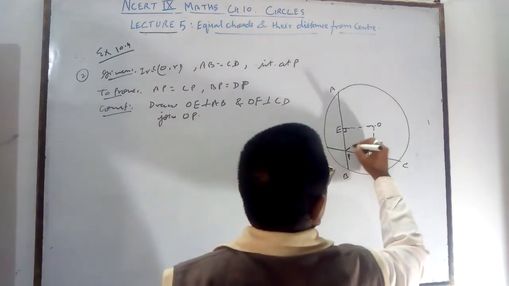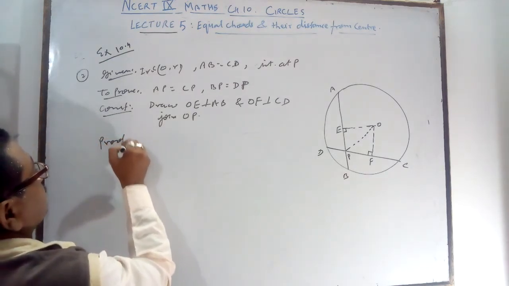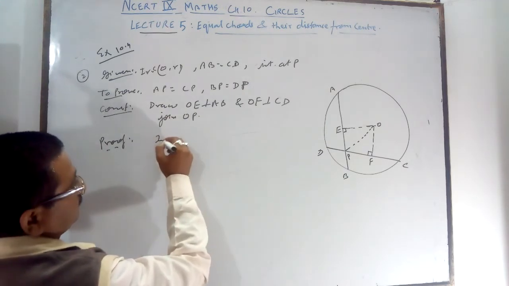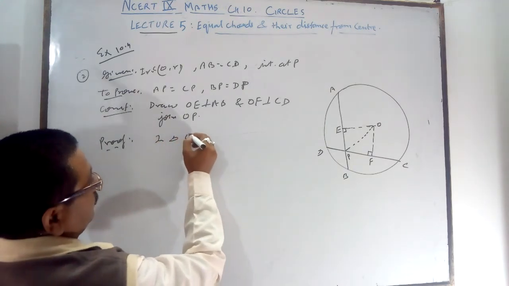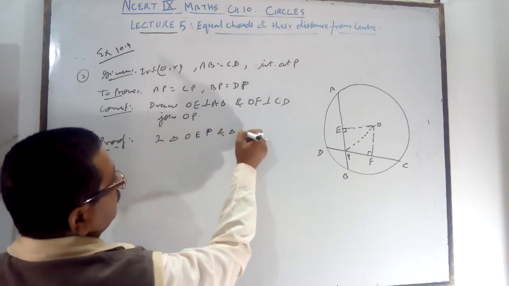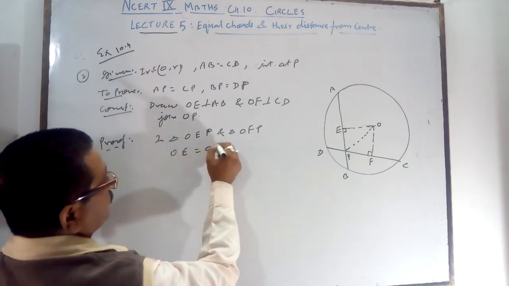Proof: in triangles OEP and OFP, OE is equal to OF.